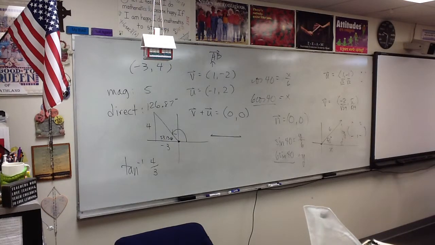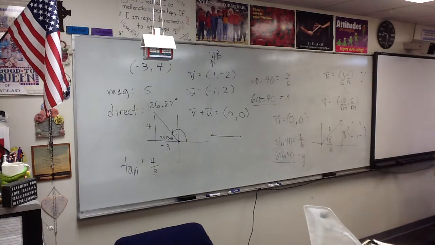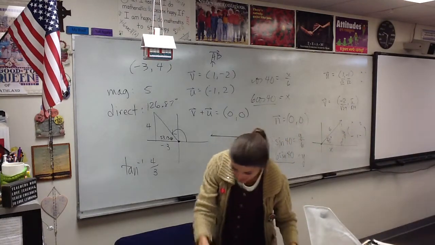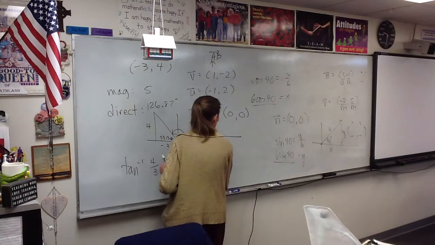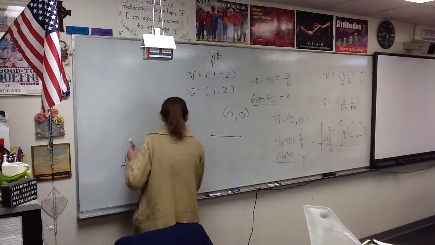All right. So last thing we need to learn here. This is not on the quiz. It will be on the test. Last thing we need to look at is page 521 at number 52. We are going to talk about the physical concept of work.